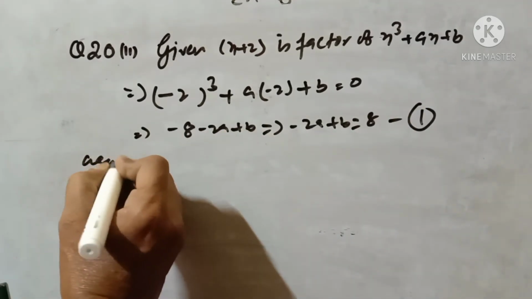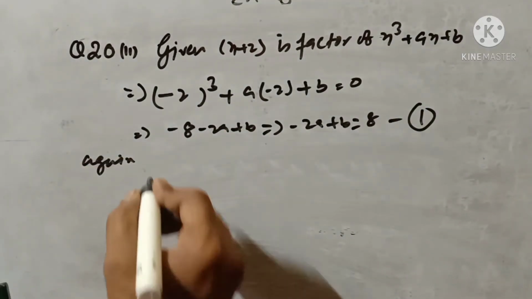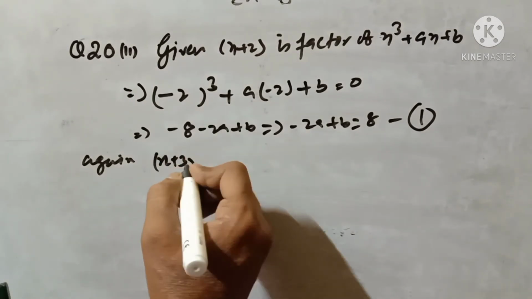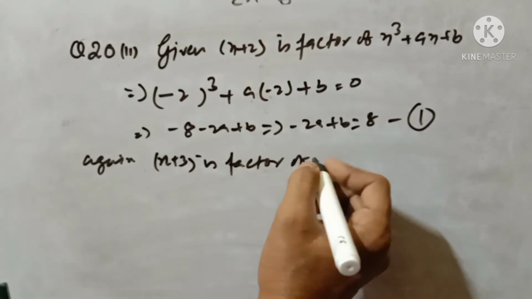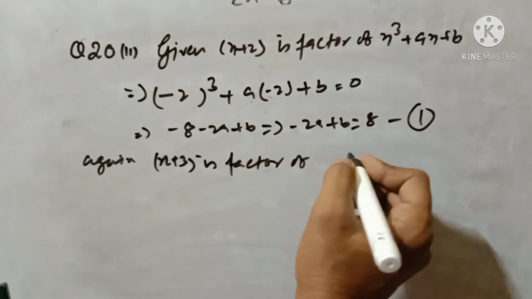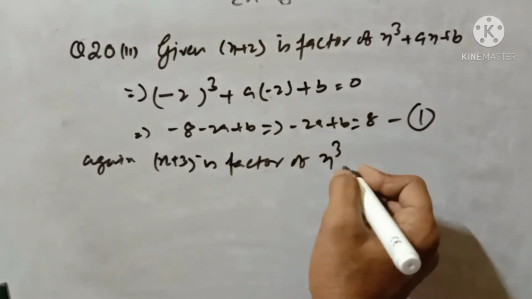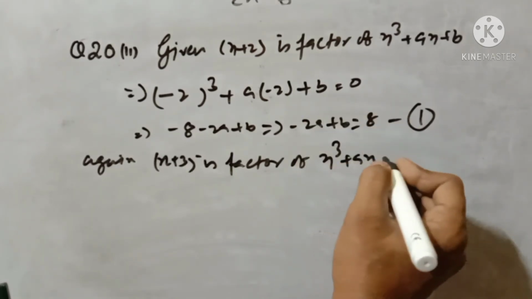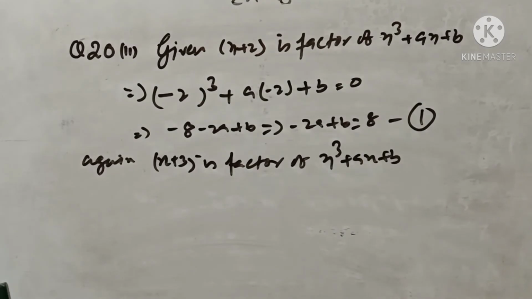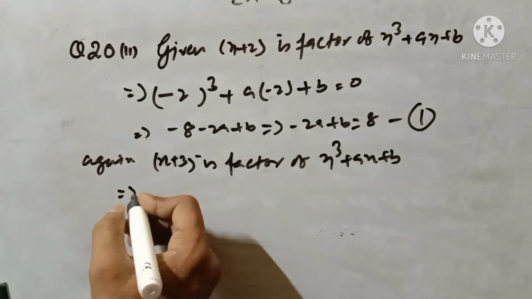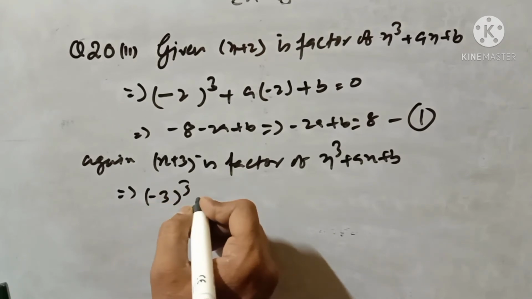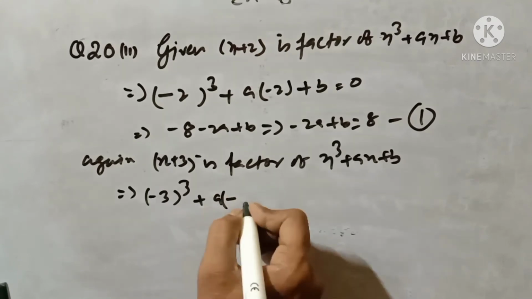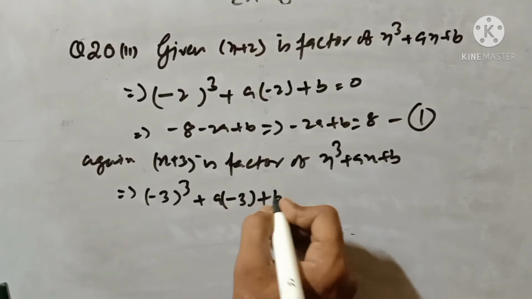Again it is given that x minus 3 is a factor of x cube plus ax plus b. Same we have to do: 3 whole cube plus a into 3 plus b equal to 0.